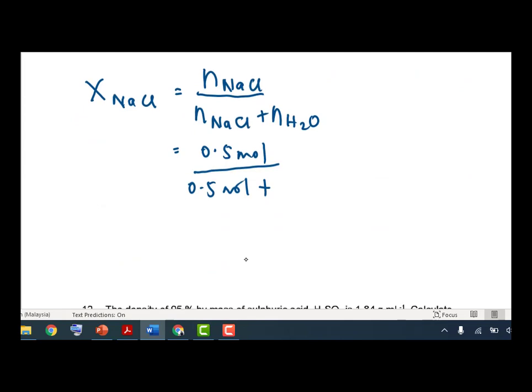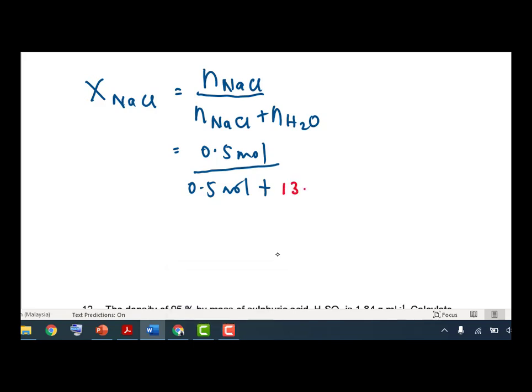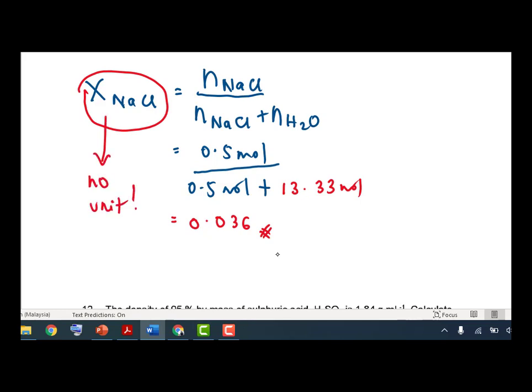So the mole of water is 13.33 mole. And the final answer, mole fraction of NaCl, is 0.036. Remember to put no unit for mole fraction. Remember, mole fraction has no unit.